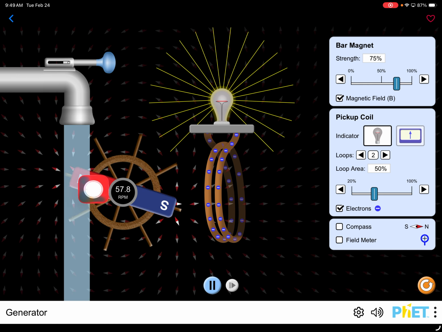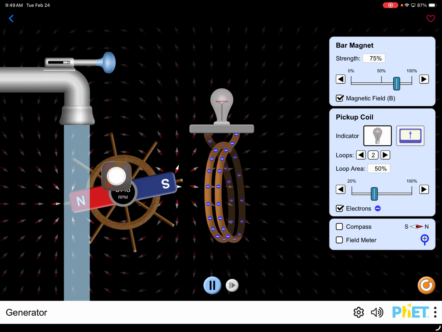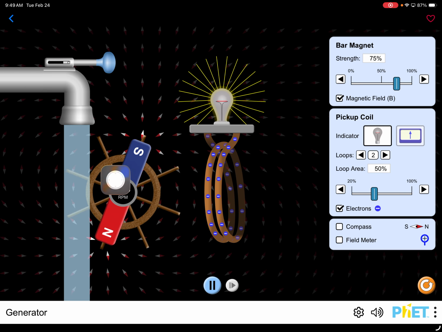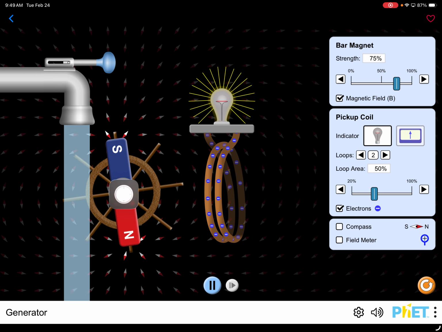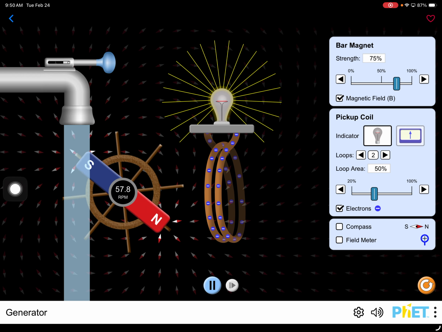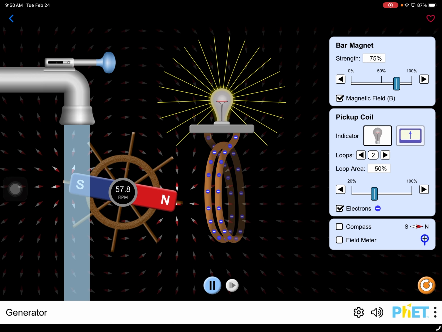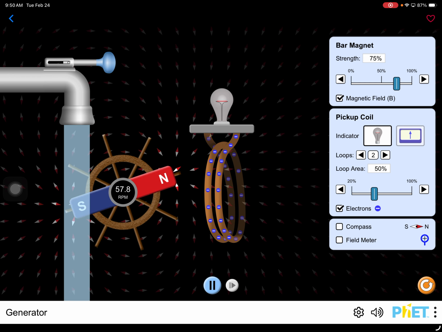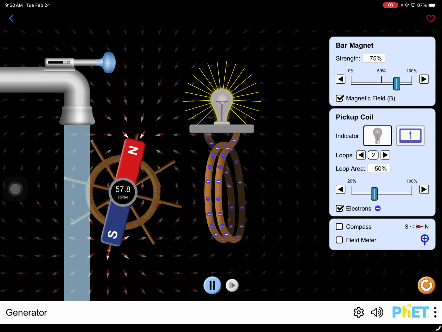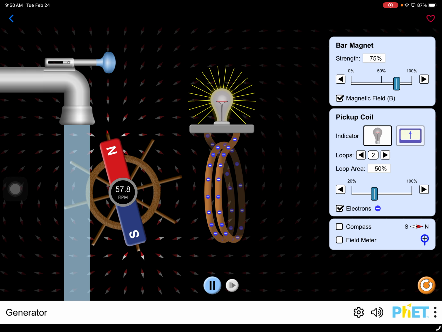In a dam, the flowing water is turning the magnet. In a windmill, the wind turns the blades, which is turning the magnet. Well, actually, what you're doing is turning the wires like this in the setup, and the magnets are stationary. In a nuclear reactor, the heat released is used to produce steam, which is turning the magnet or the wire.